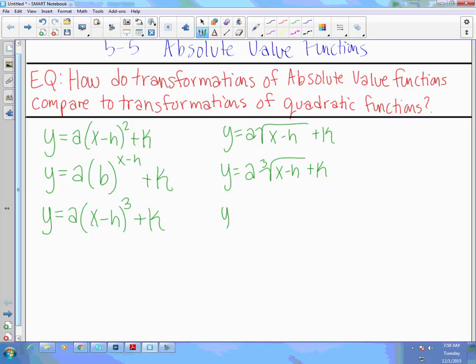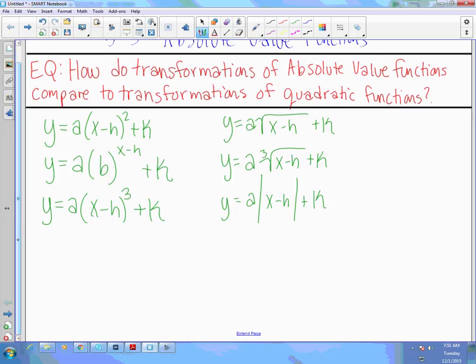Oh, let's put in the absolute value function we're doing today: a times the absolute value of x minus h plus k. We go on to the trig functions that we'll be learning next year as well, which also have the same properties. But look at all of these different types of functions, with this a always multiplying in front. The a is always multiplying, right?